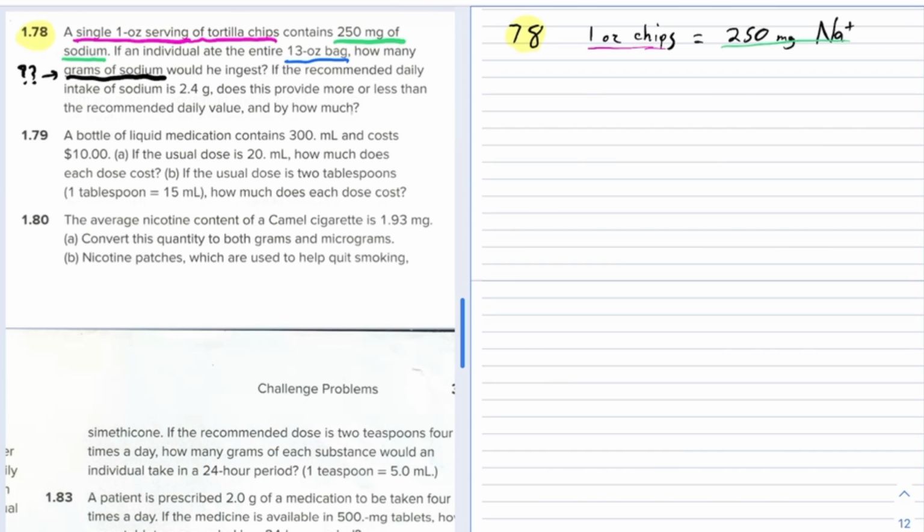And the question is, if there are 13 ounces of chips, then how many milligrams, how many grams of sodium is that? So we can turn ounces of chips into milligrams of sodium.